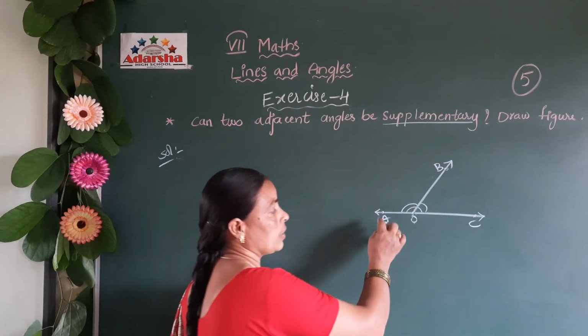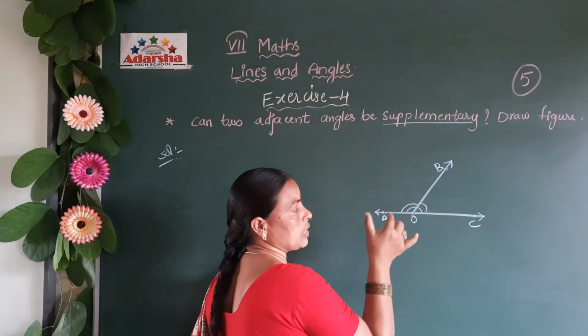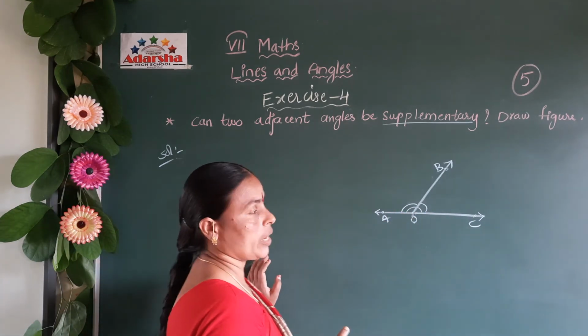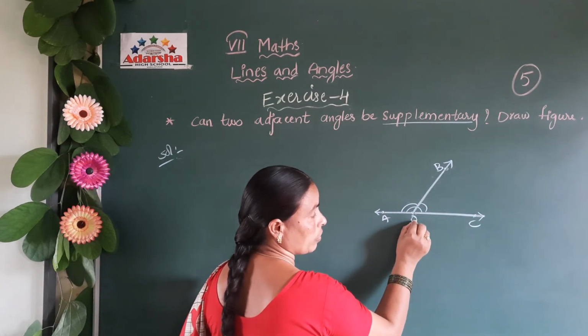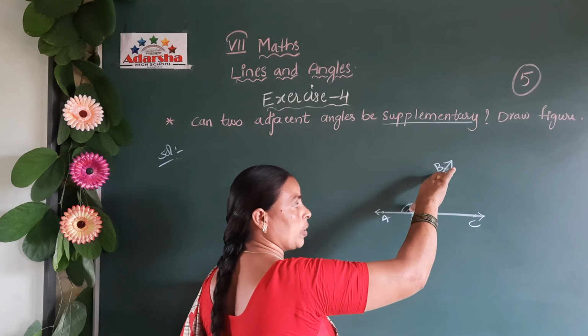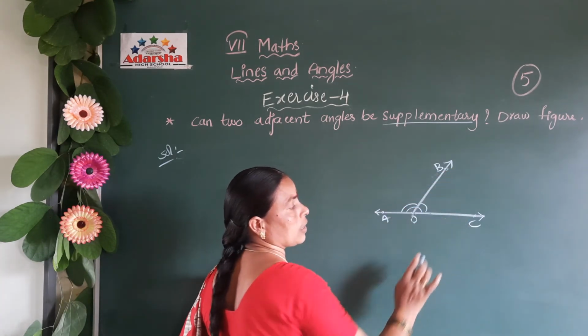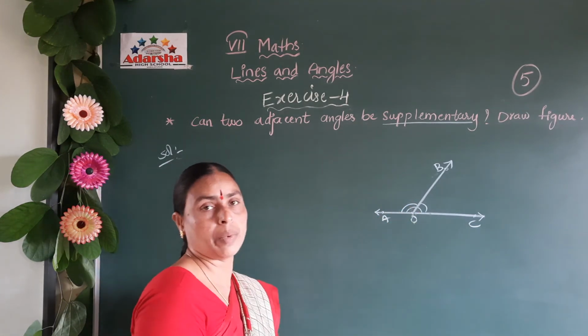Here these are the two angles AOB and BOC. The sum is supplementary, meaning 180 degrees, and these are called adjacent angles. Why? Because angle AOB and angle BOC have the common vertex O and they have the common arm OB. So AOB and BOC are called adjacent angles and these adjacent angles are supplementary.